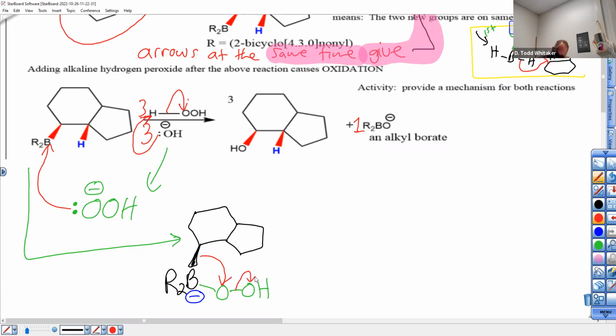Oh, yes. Why are peroxides so reactive? Because when you have adjacent oxygens, then you have lone pairs on atoms adjacent to an atom with lone pairs. Lone pair repulsions make all those species reactive.